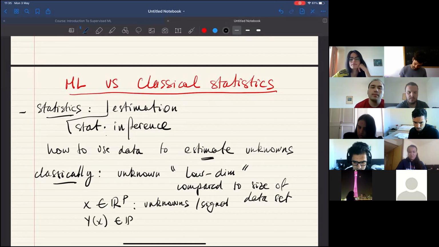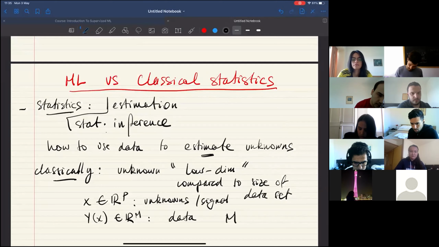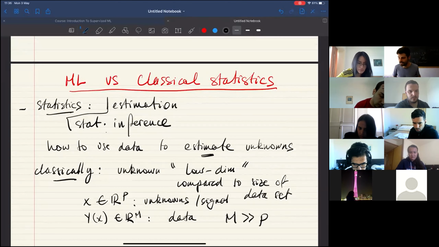This data has a higher dimension, R^M. The classical regime of statistics is concerned with the regime where M is much bigger than P. This is what I meant by low dimensional. P is low dimensional with respect to M. So I have a lot of data to estimate few quantities.